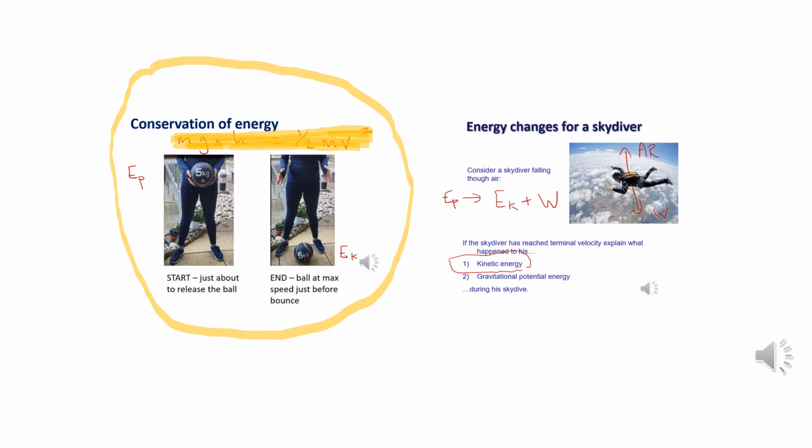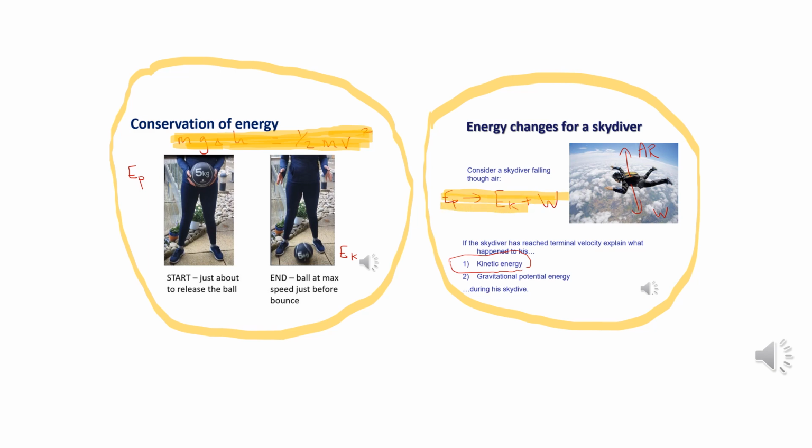When we're considering the skydiver, we do need to consider air resistance because he's going much faster and there will be a significant amount of work done against air resistance. In fact, at terminal velocity, the potential energy is all converted into work done, and there's no further increase in kinetic energy.